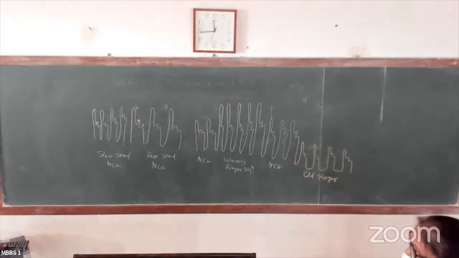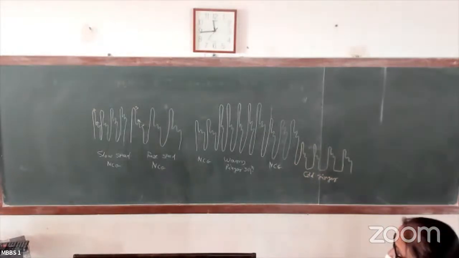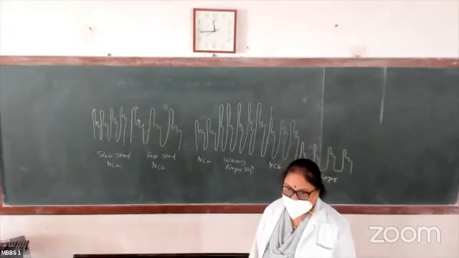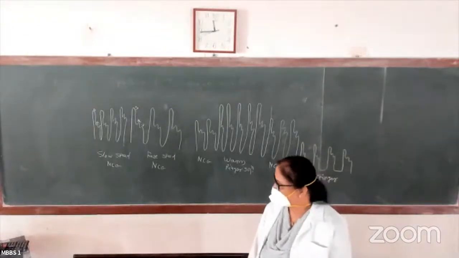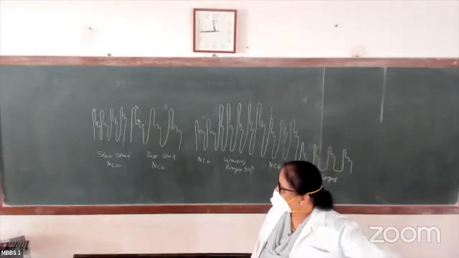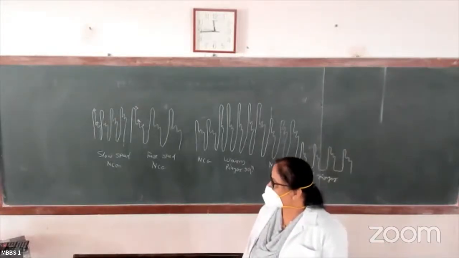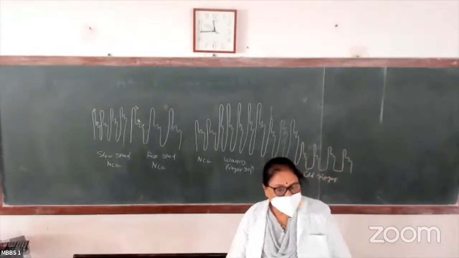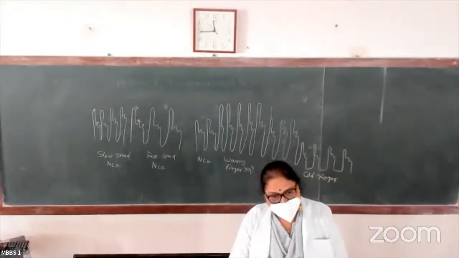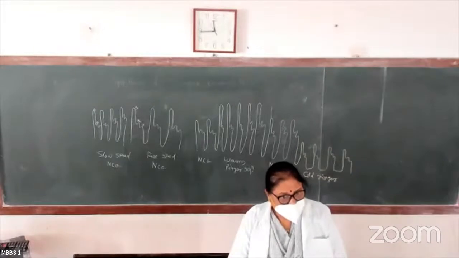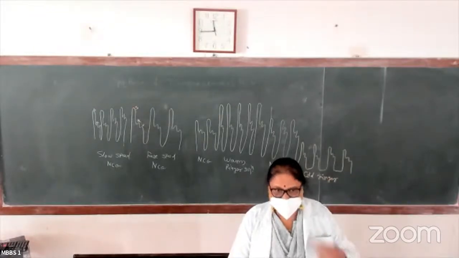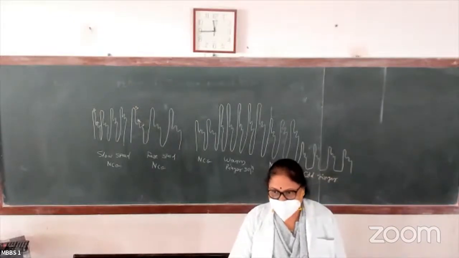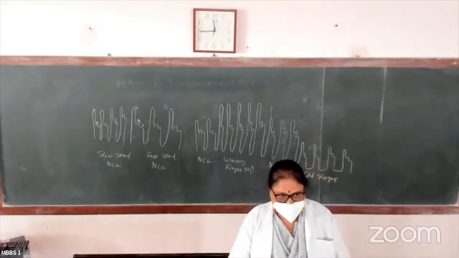Anything else? How many people have joined there? 117. Now, how many students are there in the hostel? 80. 18, only 18. And 7 are here. 11 are there.